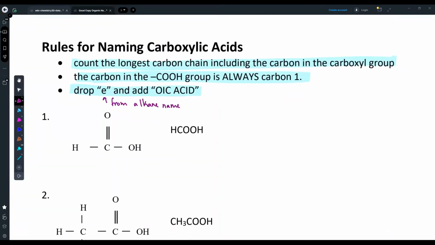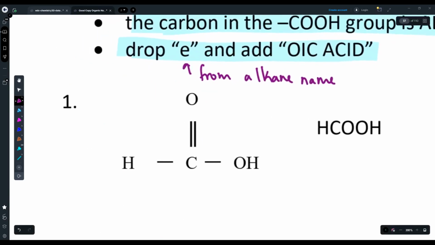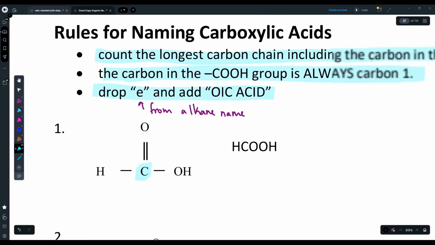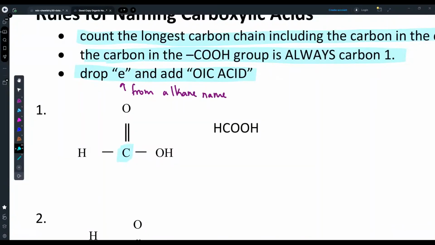So for this first example here, they've given us a structure along with the chemical formula there. I'm just going to focus on this structure. Our parent chain is right here, so that's our carbon number 1.